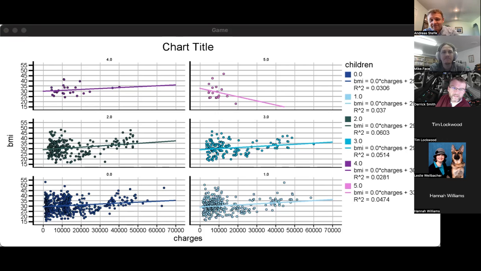Why not? Because there's like 18 data points there. There's almost no data. That's number one. And then there's another thing here that is a little hard to figure out. You see where it says BMI equals 0.0 times charges?